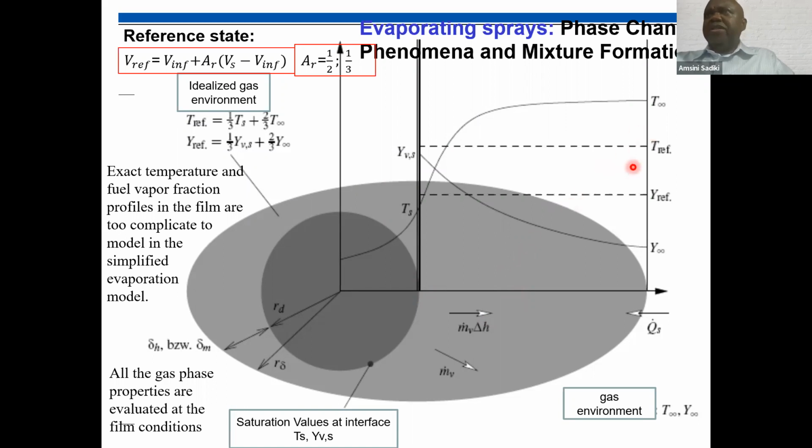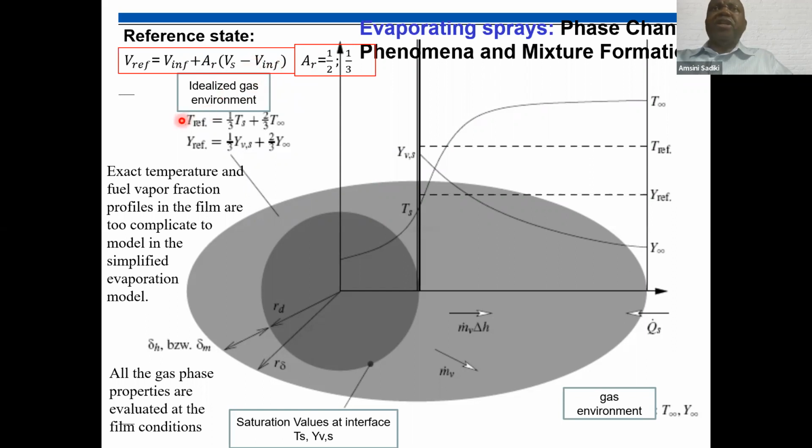To determine the reference temperature and mass fraction, we have two types of formulations, called the 1/3 rule and the 1/2 rule, the half rule. It is provided as it is here. We have the value at infinity plus this ratio times the quantity at the interface minus the value at infinity.